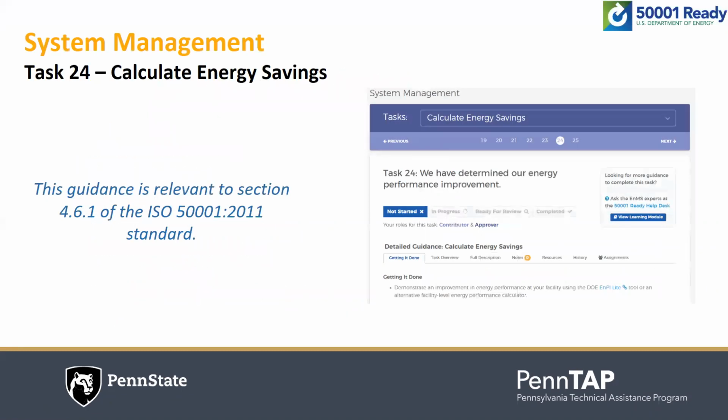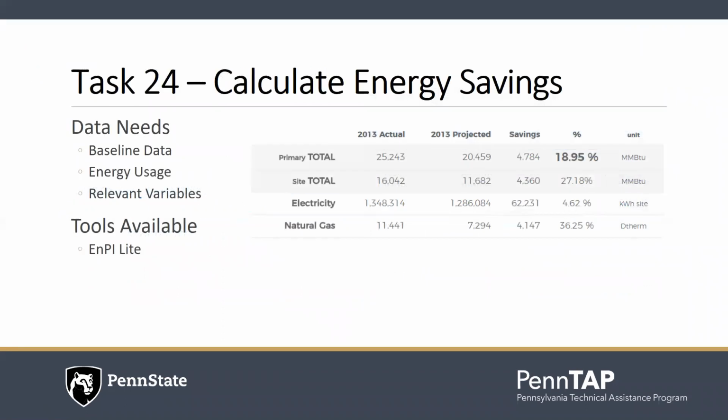So the second to last step is to calculate your energy savings. You'll go back to the utility bill data you had, all those relevant variables, the new energy usage over time, and put that into the EnPI Lite tool, and it'll give you savings. In this example, they did a great job. The site saved almost 19% of the energy over this timeline.